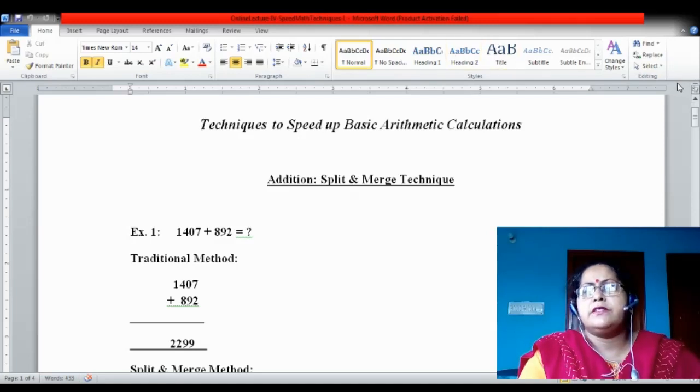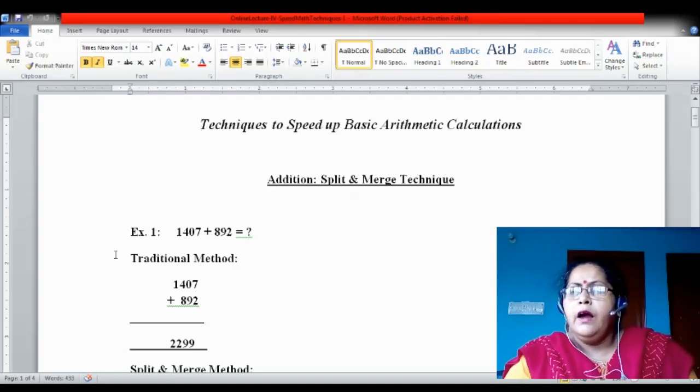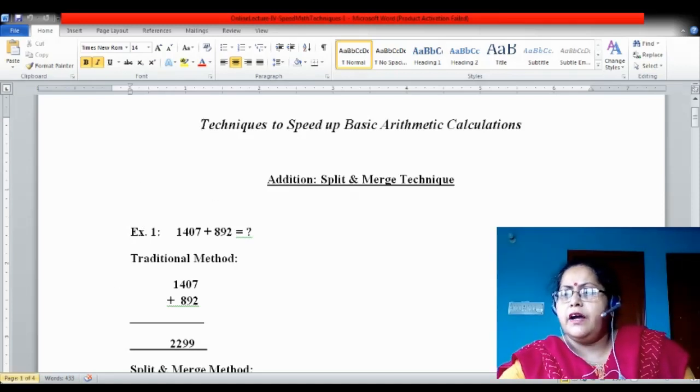You may say it's very easy, why think of something else? But just writing these numbers 1407 and 892 will itself take 1 or 2 seconds. So the idea is, can we apply some other technique and do the addition mentally without wasting these 2-3 seconds of writing and getting the answer?